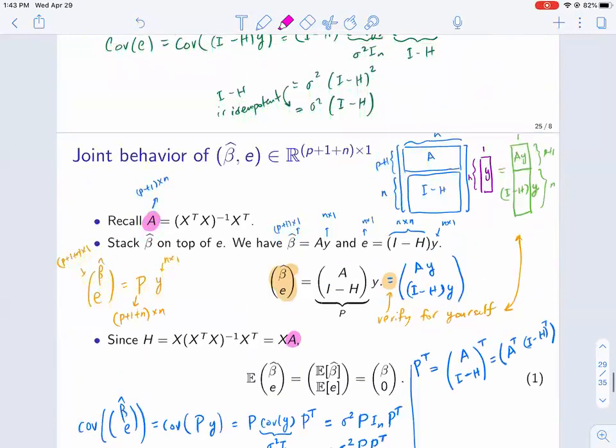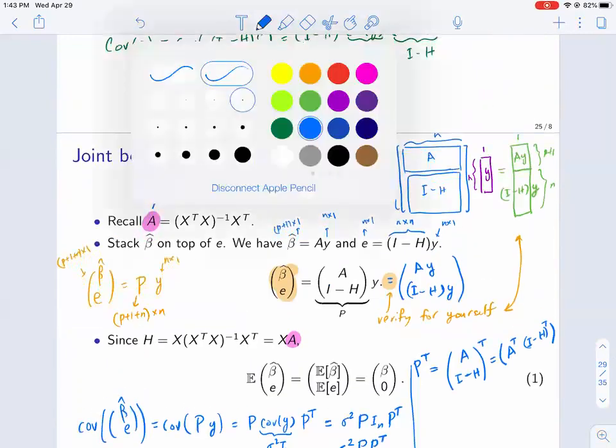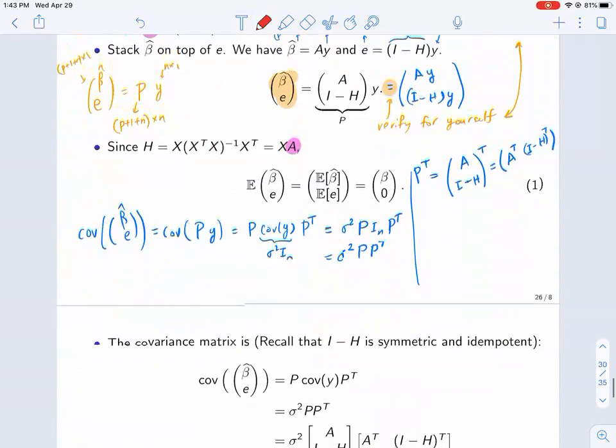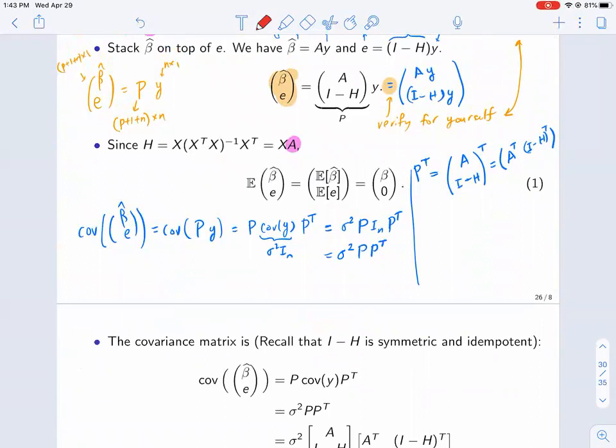In general, if I have A, B transposed, this would be A transpose, B transpose. General rule, do this. Okay, so now what is I minus H transpose?